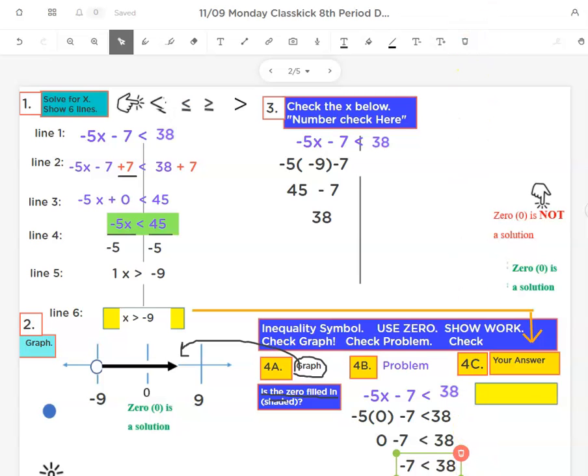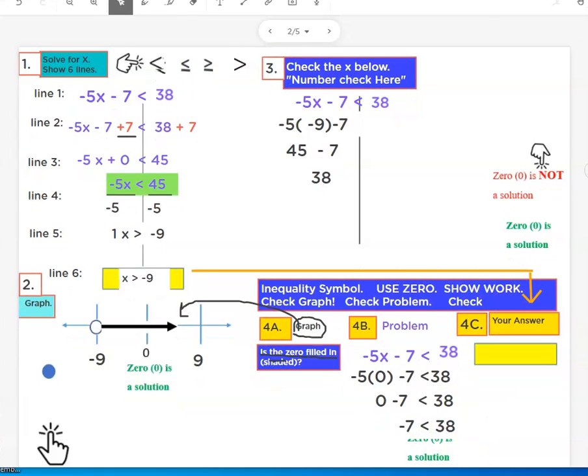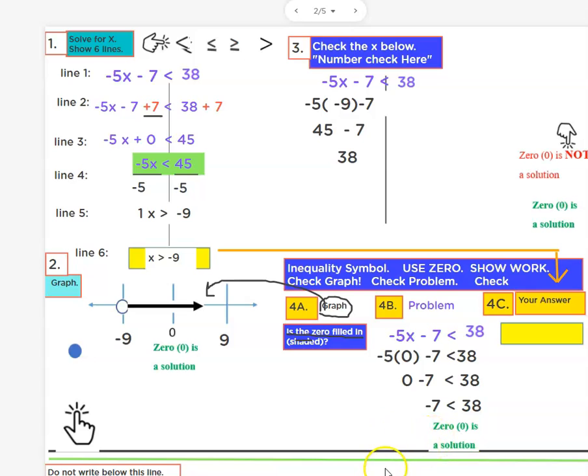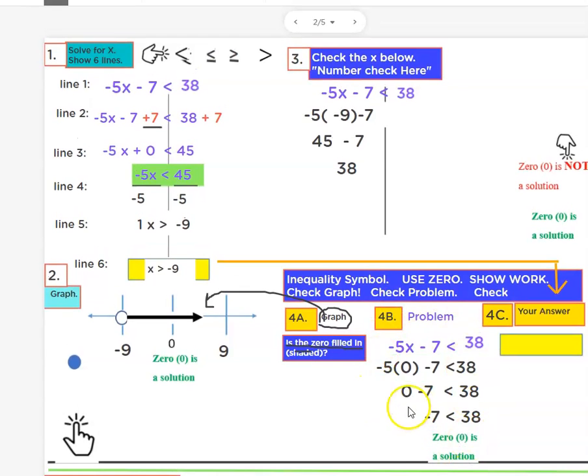Is that a true or a false statement? Is negative 7 less than a positive? Yes. So I want you to take your selector tool and drag this right down here, so I can see that you know that 0 is a solution to the original problem.